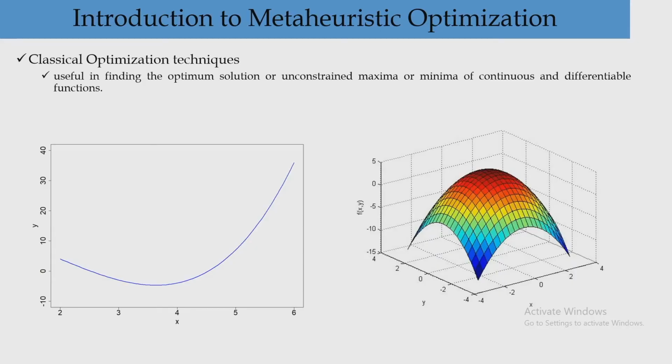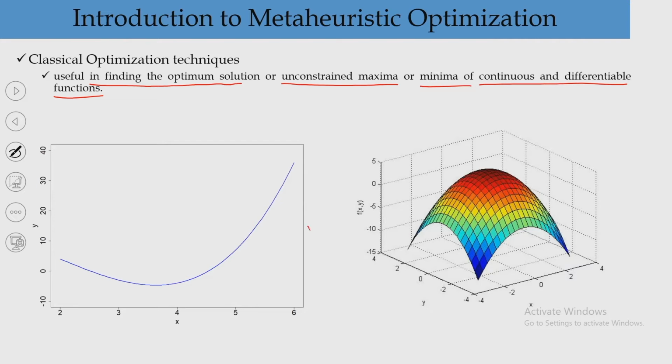Now, as I said, the classical optimization techniques are useful in finding the optimal solution, or unconstrained maxima or minima, of a continuous and differentiable function. So, the function has to be continuous and differentiable. Why? Because we are using the gradient information. Therefore, the function has to be continuous as well as differentiable.